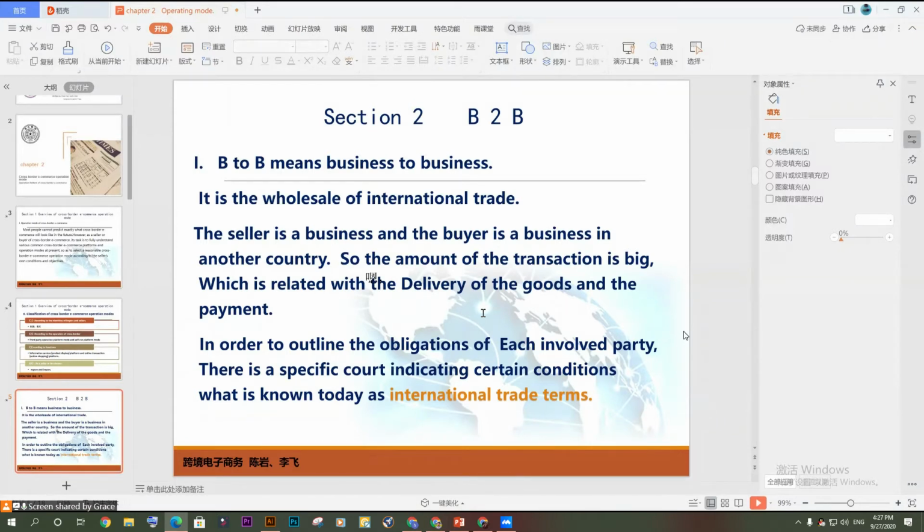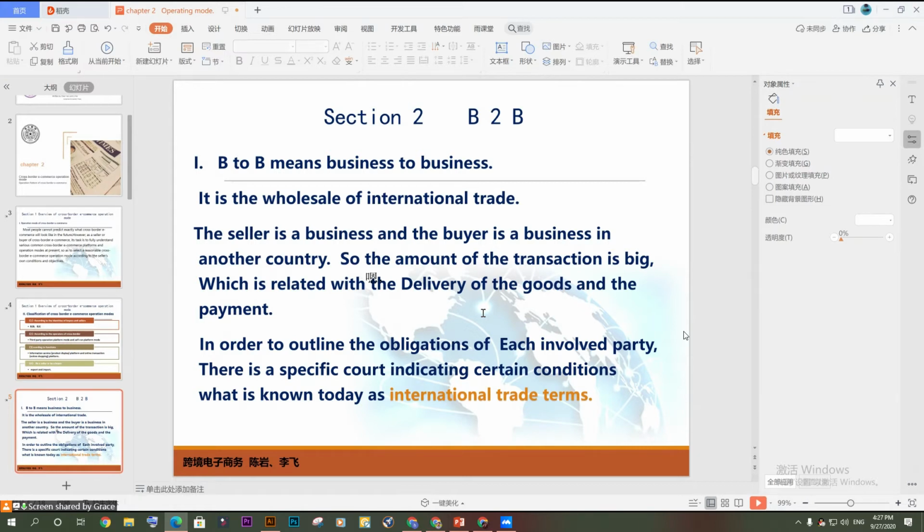B2B is very easy to know and understand. That is business to business. That means the seller is a business and the buyer is a business too. So we can call that the wholesale of international trade.